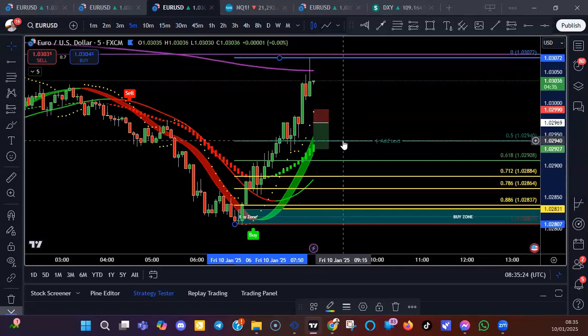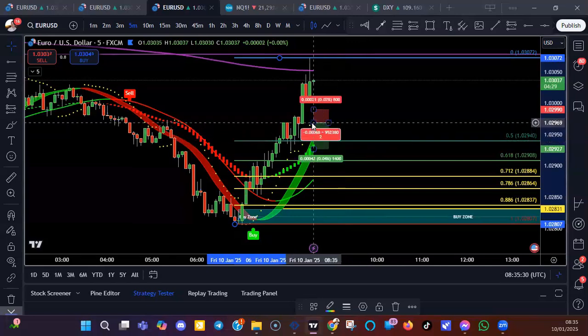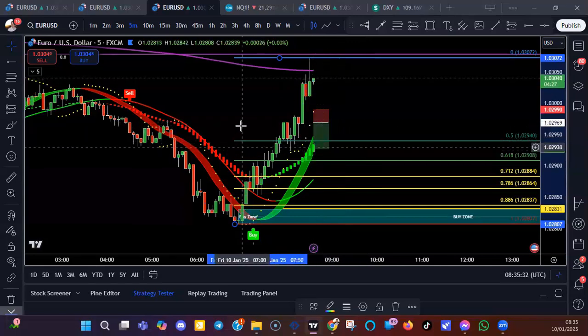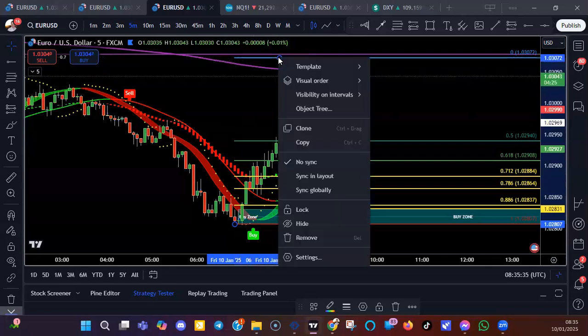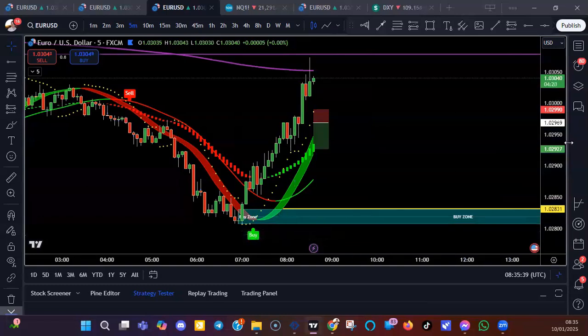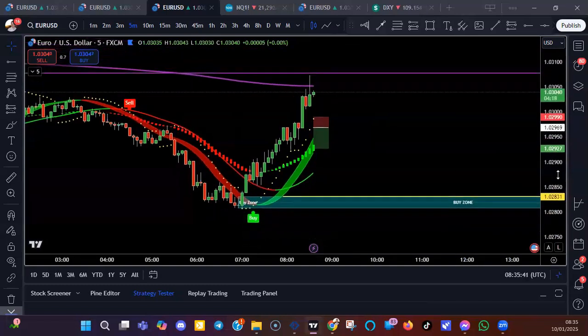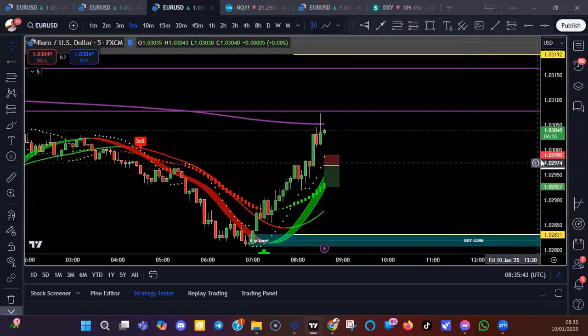So this area here, if I was in the trade where the 50% line is, I might consider putting my stop loss to entry because I'm always after protecting my equity when I'm in a trade.